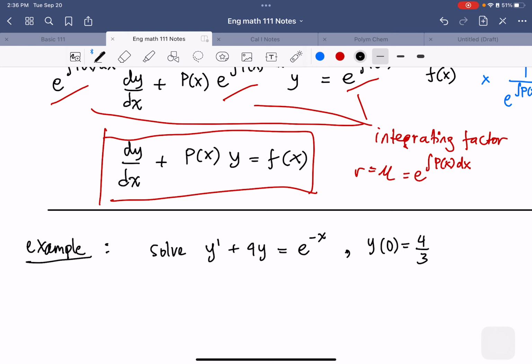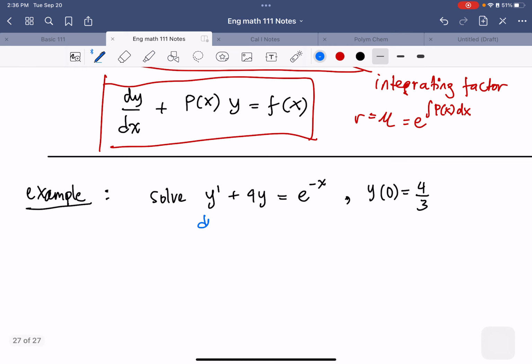And then plus 4y, it has 4, we can consider this as our p of x. And then this will be our function of x. So this matches our description, dy over dx plus p of x y equals a function of x.